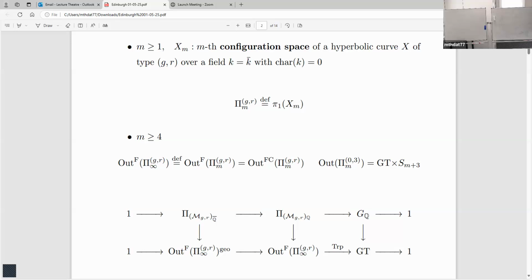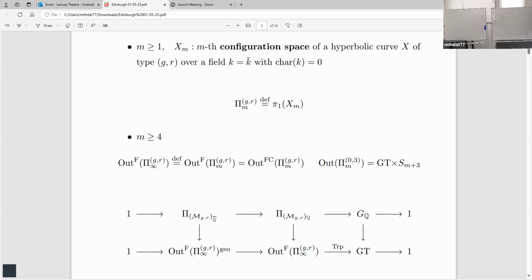The right vertical map is the map that appeared several times in this workshop, namely the map from GQ to GT, which is known to be injective. And what is new in this picture is this map here, which is the tripod homomorphism. This is the map that Mochizuki discussed last time and this morning.